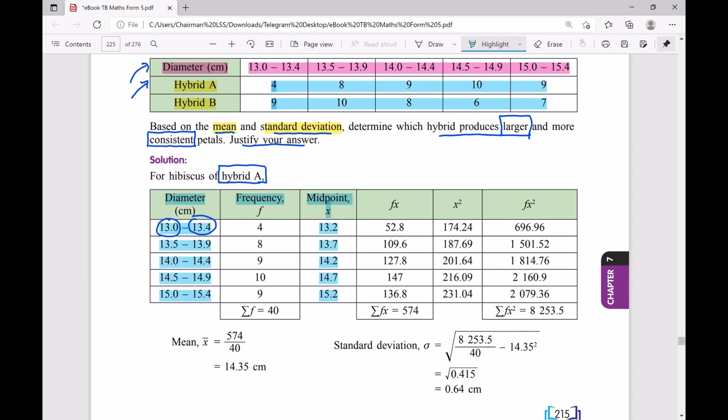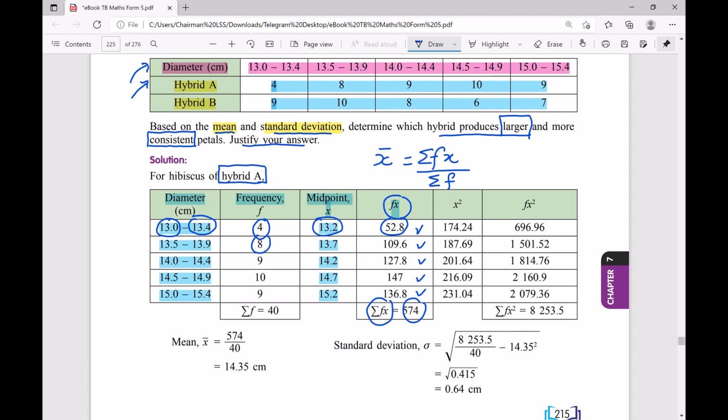because you want to find your mean, the formula of mean is the sum of fx divided by the sum of your frequency. So for this one, you find your fx, 4 times this one, you'll get 52.8. Then when you get all these, you sum them up and you'll get 574.